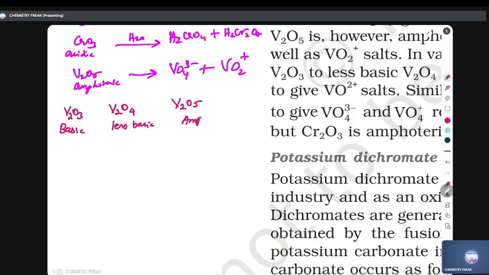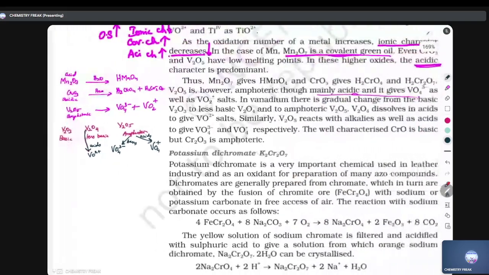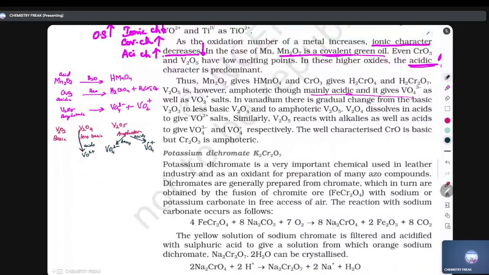This is amphoteric. And since it is a basic substance, when treated with acids, it produces VO2 plus ion. When treated with this amphoteric one, it can be treated with acids as well as bases. With bases, it forms VO4 3 minus. With acids, it forms VO2 plus. This is what has been given here.